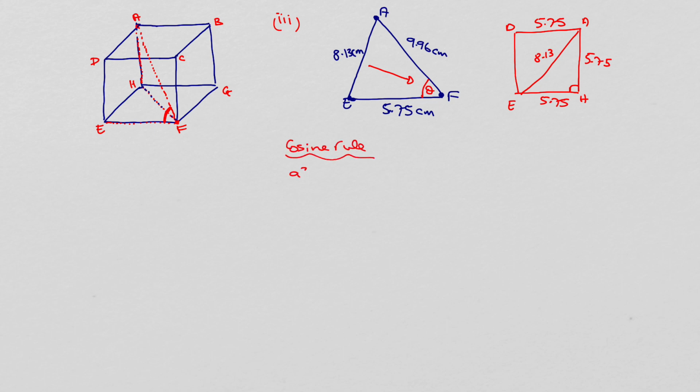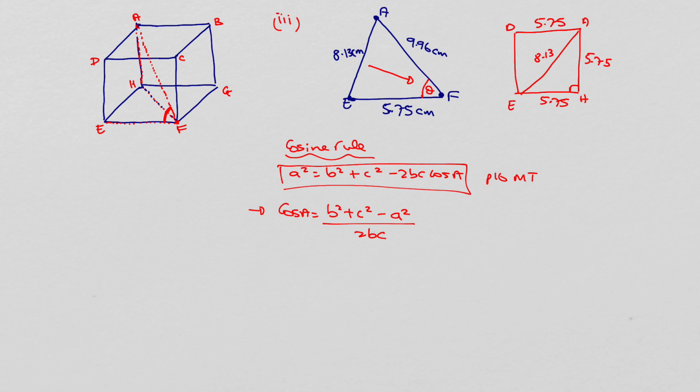So again, we have A squared equals B squared plus C squared minus 2BC cos A, page 16. I'm looking for the angle, so I'm going to rearrange that to cos A is equal to B squared plus C squared minus A squared divided by 2BC, or sub in to the given equation as is.